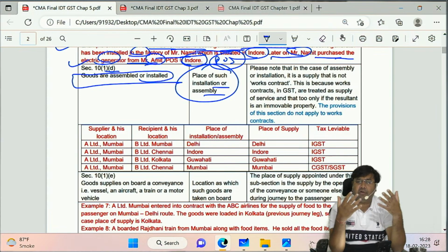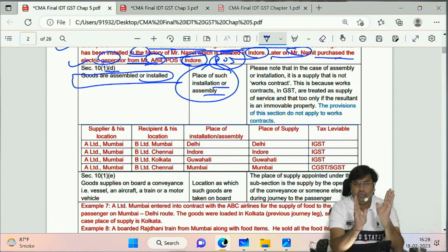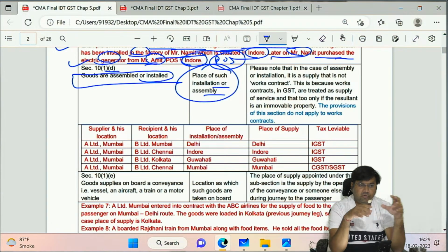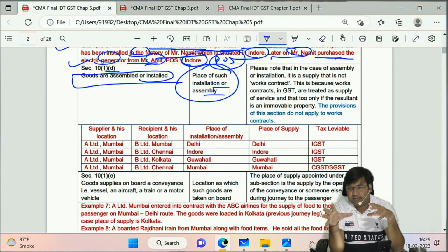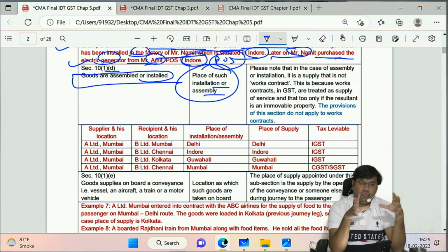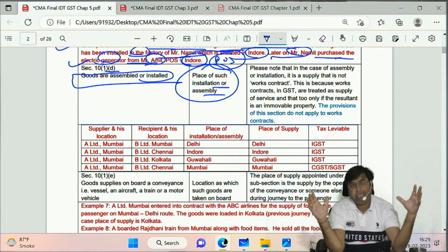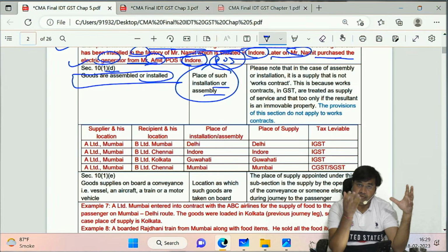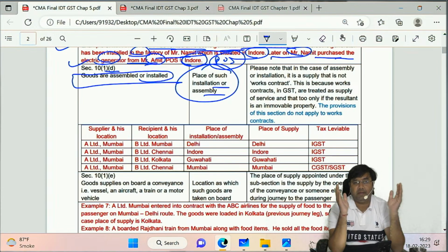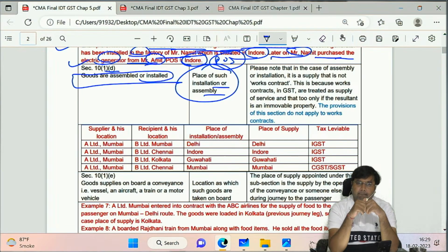Or there may be a scenario where you would like to make office furniture at your office. So you hire a carpenter and ask him to make furniture for you. He brings all the raw material including wood, fevicol, etc., and makes the furniture at your place, in your office only.